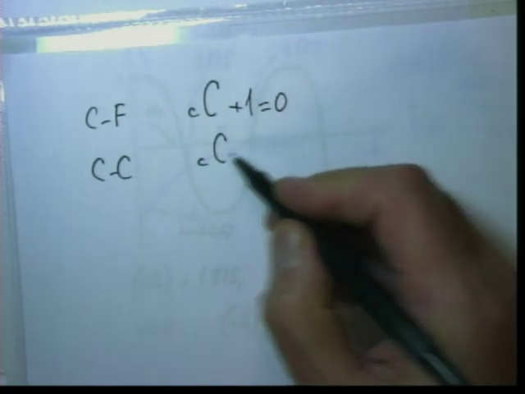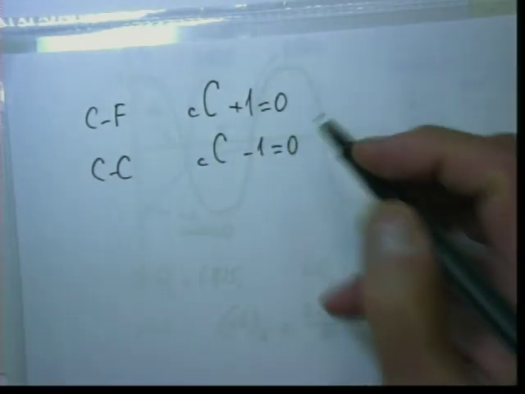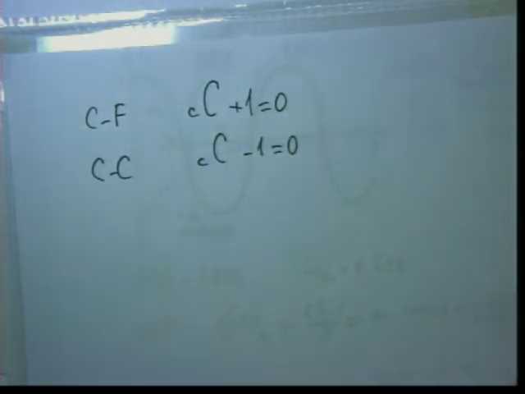Clamped, CC minus 1 equals 0. So clamped free has transcendental equation CC plus 1. Clamped has an equation CC minus 1.